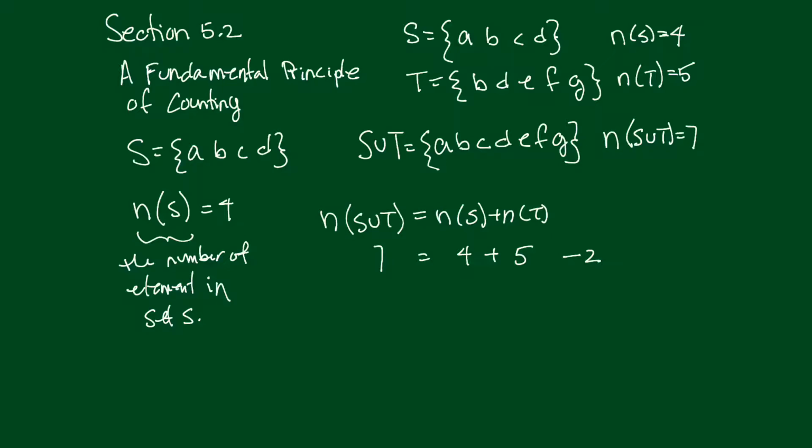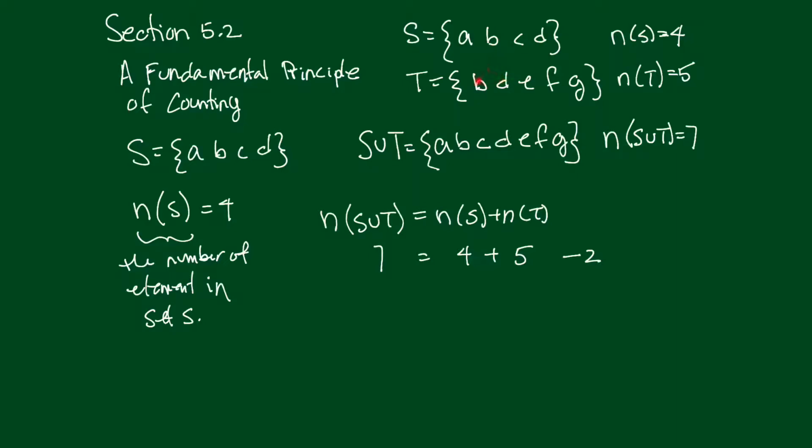Now look what happens when we make these counts. The number of elements in S is 4. The number in T is 5. But when I tossed them all into this big collection together, what happened? Well, the B got counted here and it got counted here. And what else got counted? The D got counted here and it got counted here.